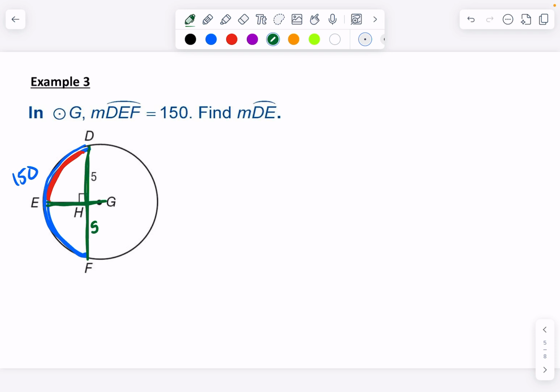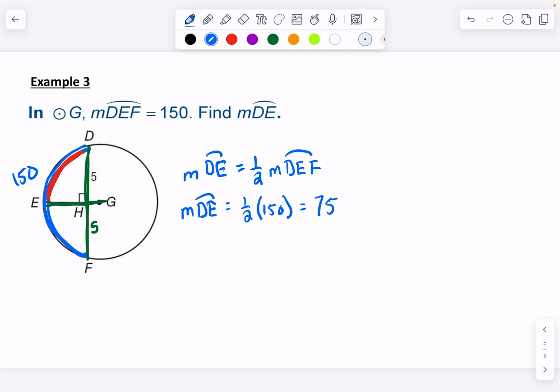It also bisects the arc, meaning the measure of arc DE is equal to 1/2 the measure of arc DEF. So the measure of arc DE is equal to 1/2 of 150, that equals 75.